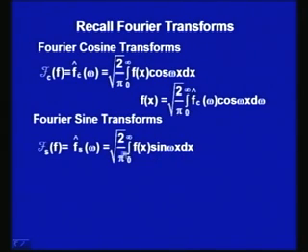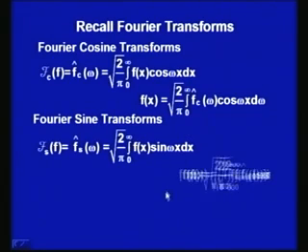If you do remember, these constants may differ, that is sometimes we use the equal constant in the transform as well as in the inverse transform, or sometimes in the transform we do not use any constant, and in the inverse transform we use 2 upon pi.